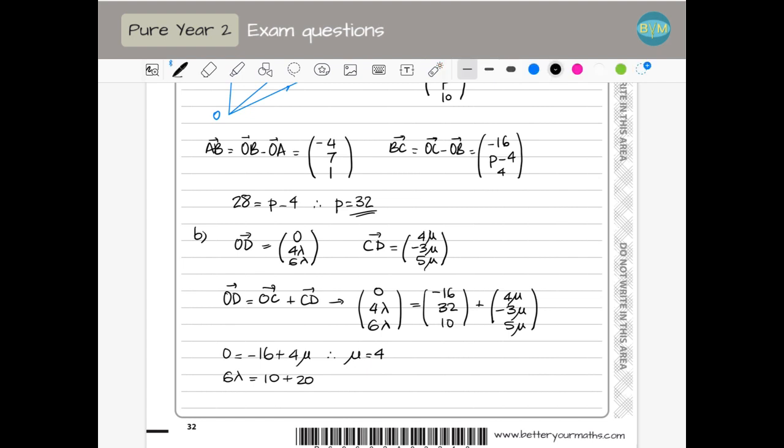So lambda is going to be 5. I always check with the last coordinate that this is correct. 4 times 5 is 20, and this one is 32 minus 3 times 4, which is 12. So it's correct.